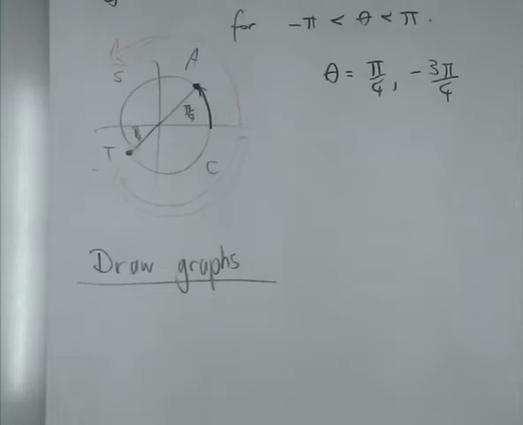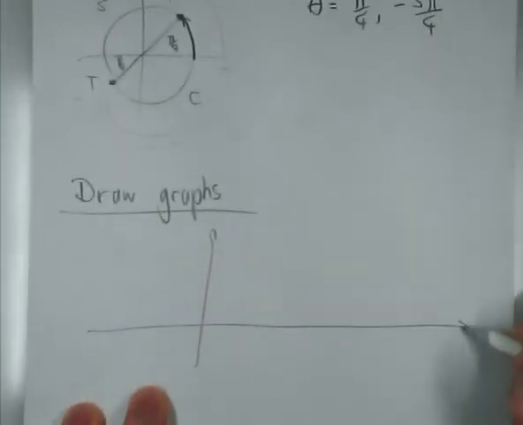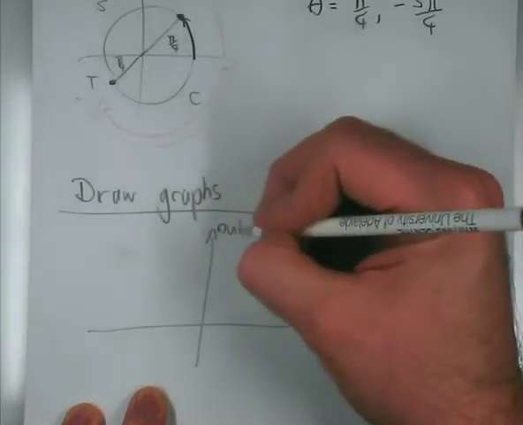And your graphs of trig functions do not have the unit circle in them, because that's not what I'm trying to achieve here. When I draw my graph, what I'm trying to achieve is down here, these are my angles, and on the y-axis, these are my outcomes.